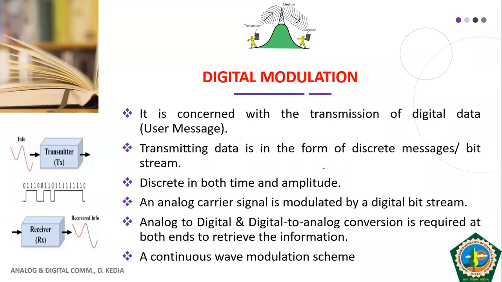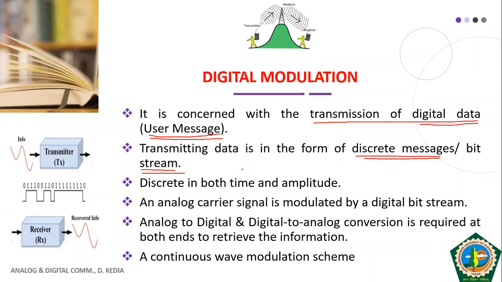Your digital modulation is concerned with the transmission of digital data. Digital data here means the user message that is digital in nature. So here in digital modulation, we transmit our data in the form of discrete message or in the form of bit streams.